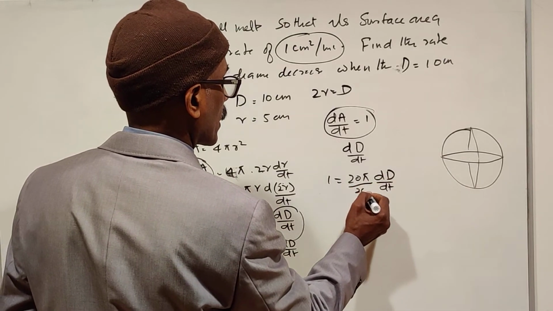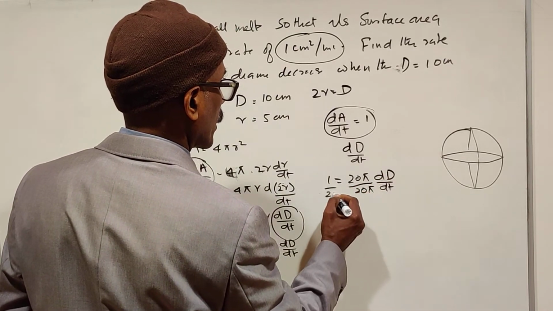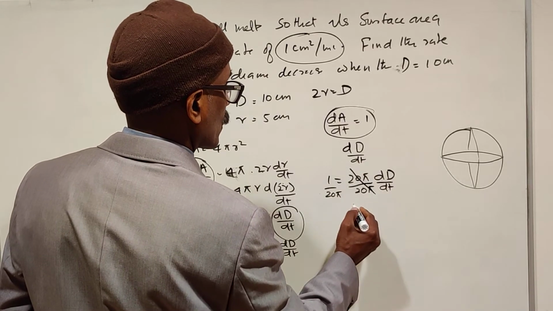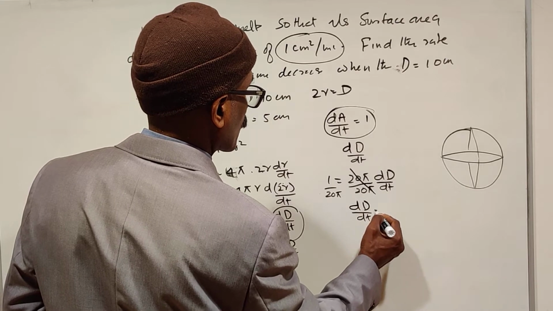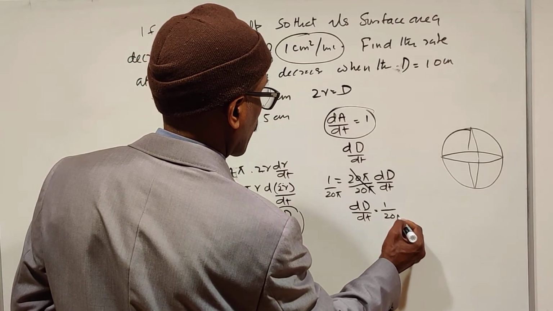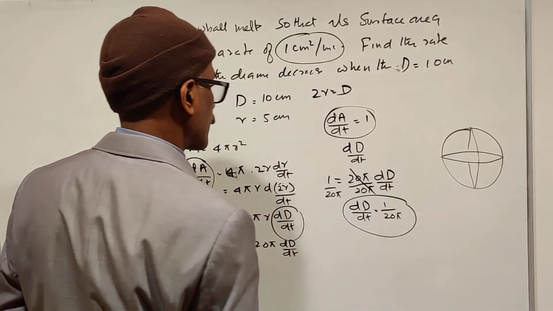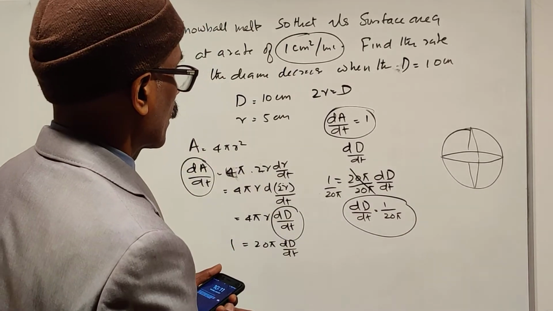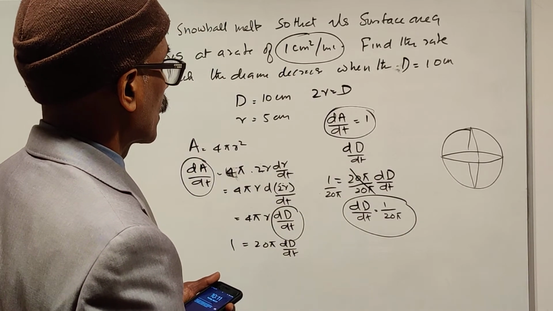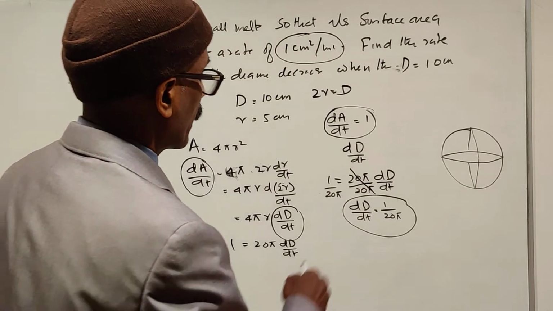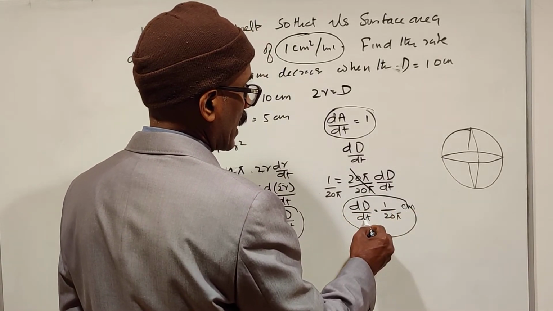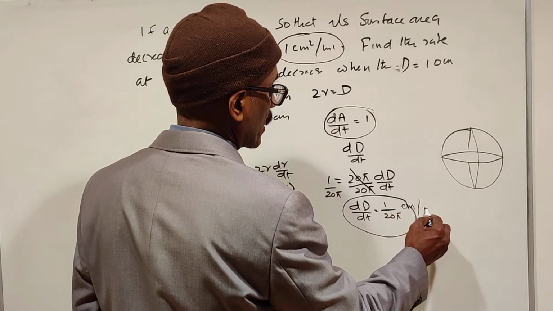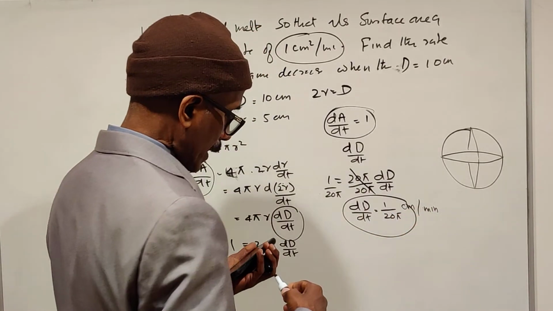Dividing by 20 pi on both sides, dD by dt equals 1 by 20 pi. Okay, that is the answer. What is the unit? The unit of diameter is centimeter and time is minute, so centimeter per minute. Okay, that is the answer.